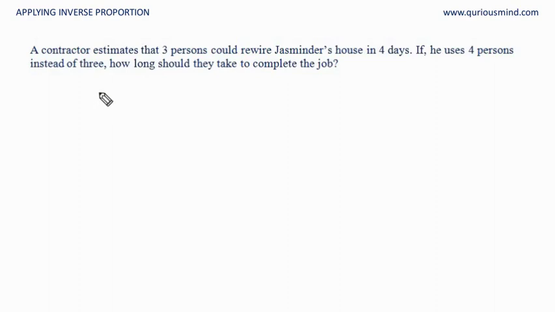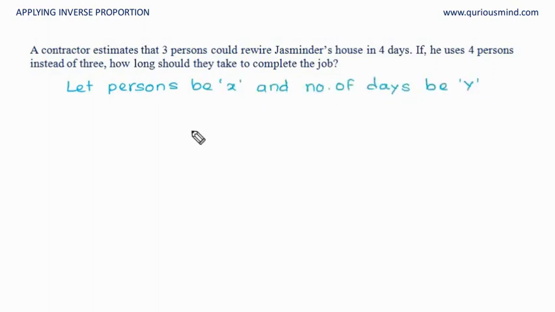As we do, let's first assume x and y. And as I have said earlier also, it does not matter what we choose as x and y, we have to just be consistent. So we know in inverse proportion, x1 y1 is equal to x2 y2.